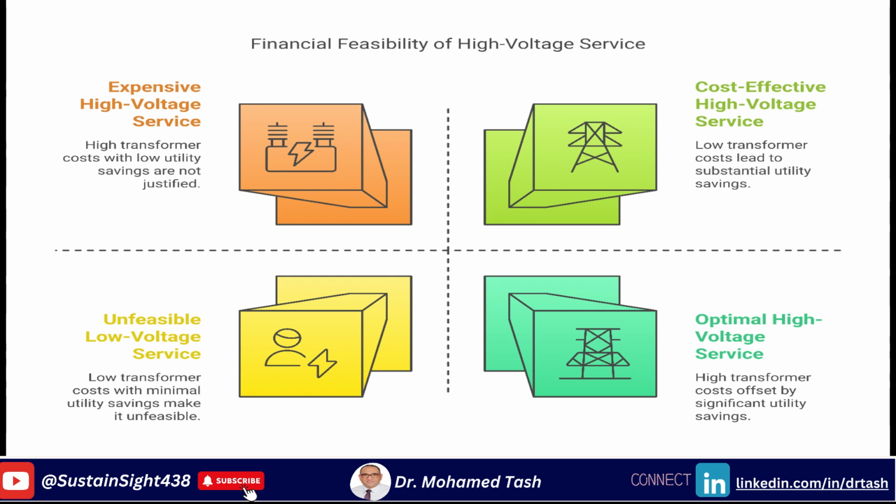By purchasing your own transformers, you take on the cost and responsibility of maintaining this equipment. However, this can lead to long-term savings through lower demand and energy charges, provided the reduced utility rates outweigh the capital and maintenance costs of the transformers.